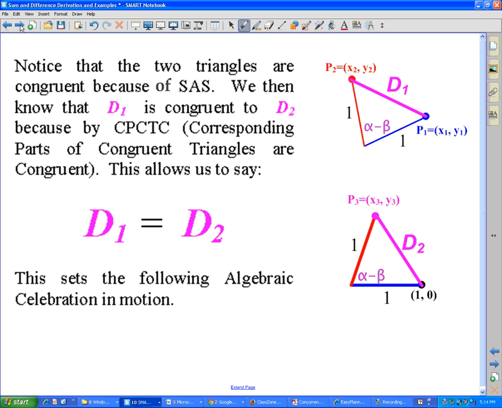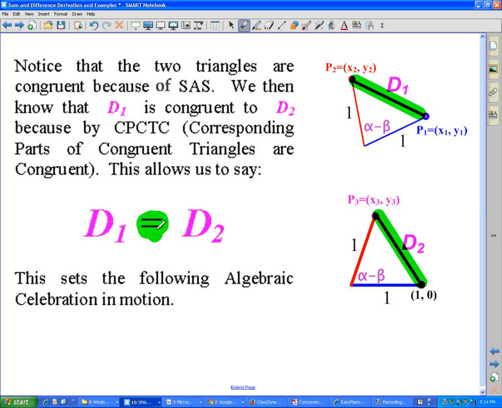And so because the corresponding parts of these two triangles must be congruent, and because these two sides correspond to each other, we know that the side which is D1 is congruent to the side which is D2, and of course by the definition of congruent sides, that means their lengths must be the same. And so D1 is equal to D2.